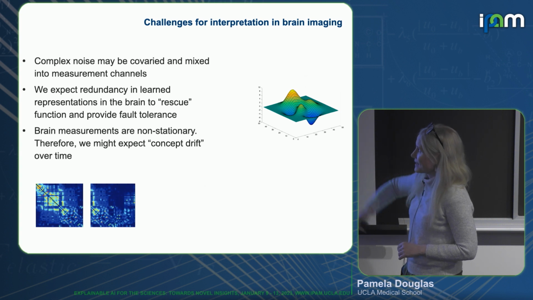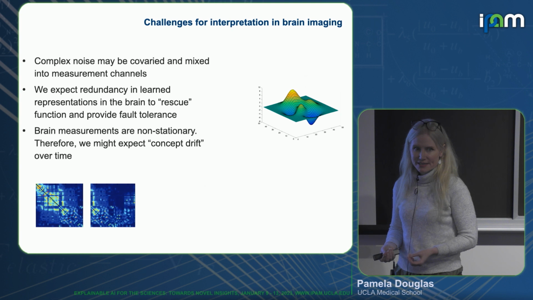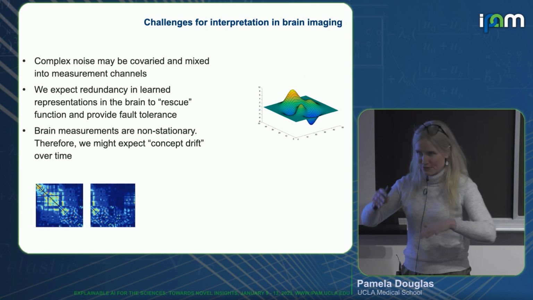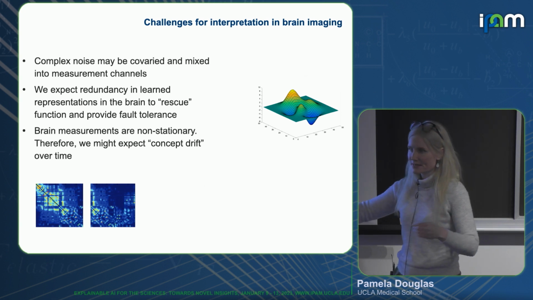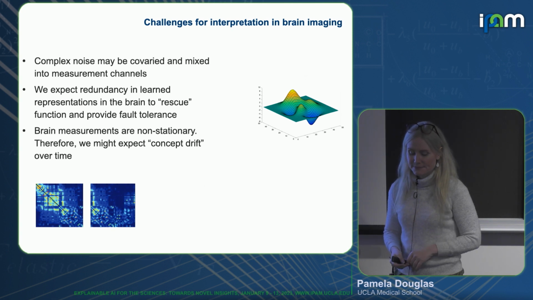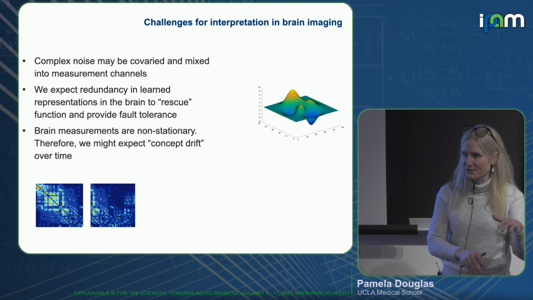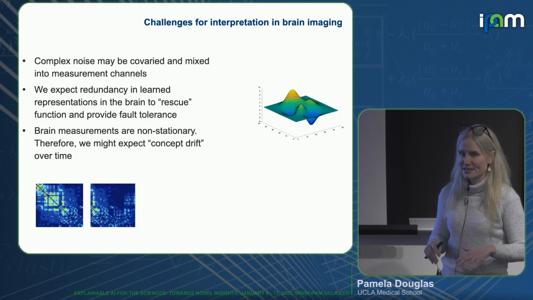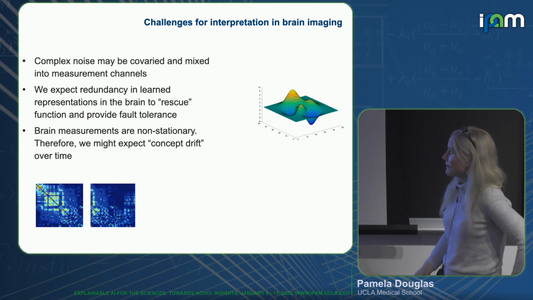We also, as I mentioned, expect that there should be a certain amount of redundancy in the neural code. The neural code is, of course, dynamic because neurons cycle through this refractory state where they're quiescent. So we expect that there are probably multiple configurations of representations that should be able to convey the same information.